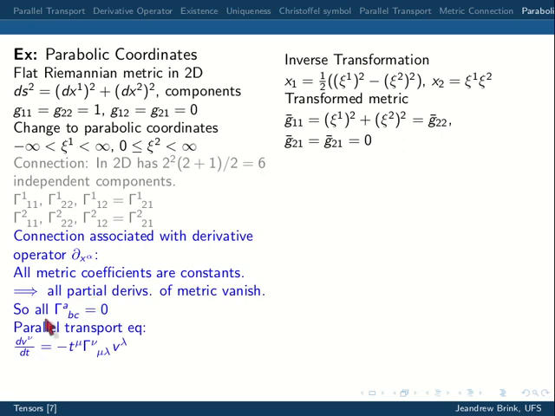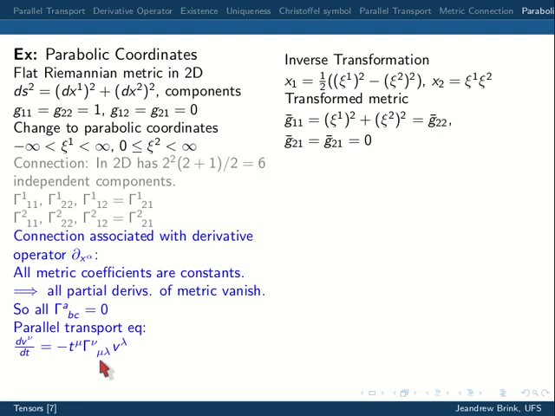Okay, so what we then have is our parallel transport equation for any vector, if we're working in Cartesian coordinates, is simply the tangent vector times d gamma, nu mu lambda times v lambda.